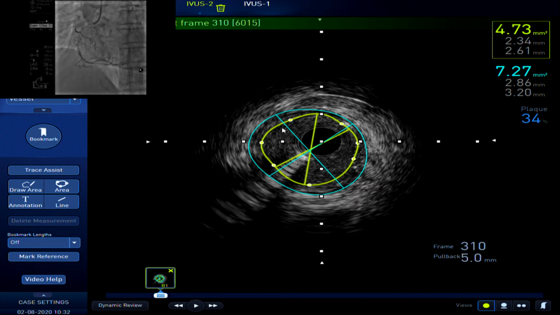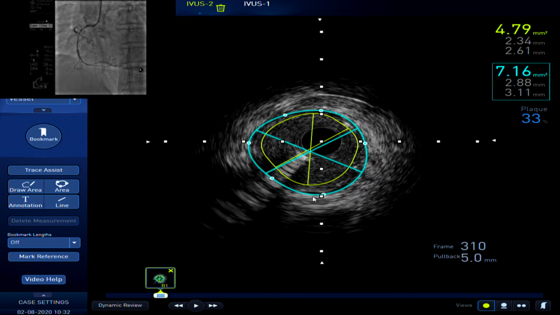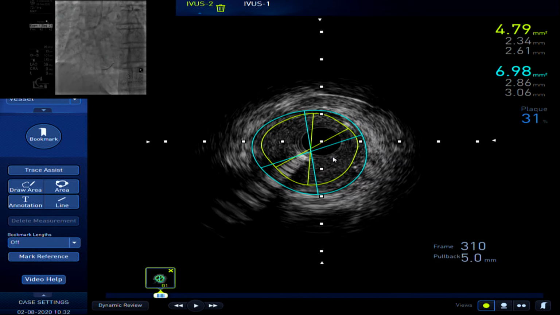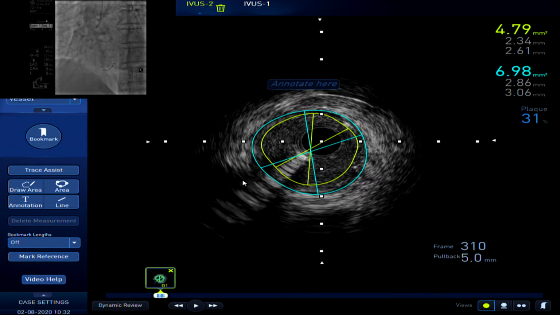Length is at least 38. We don't have a quarter size. 3.0 by 38? 3.5? How do you think? 3.5. 3.5, 38.